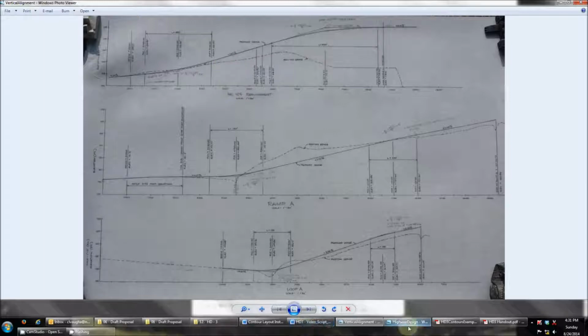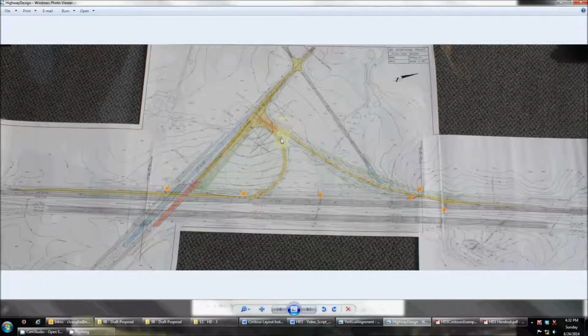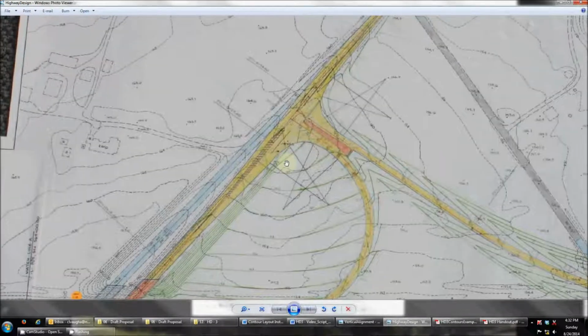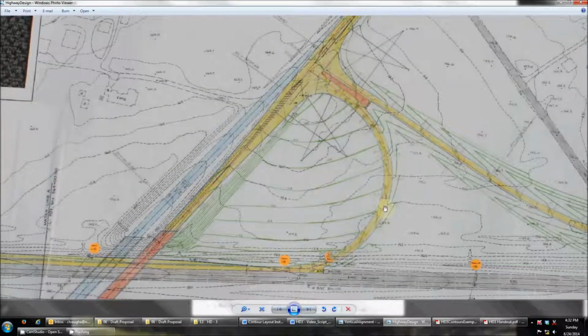Lightly mark these points at the appropriate stations along the horizontal alignment. So for now, let's just do NC 125. You'll do the same thing with Ramp A and Loop A, but for now let's focus on NC 125, and then I'll point out a few discrepancies from Loop A and Ramp A compared to NC 125.